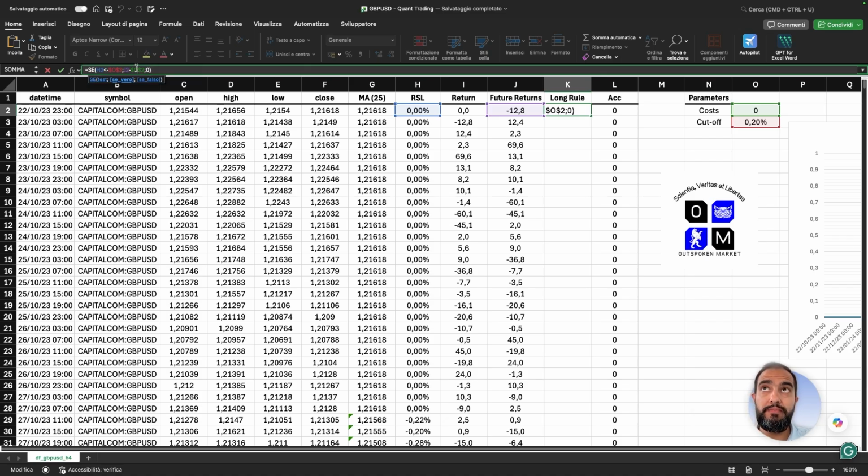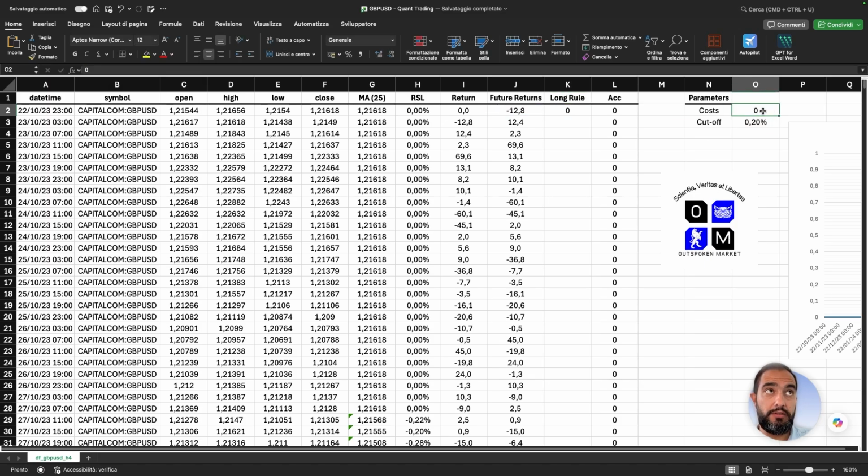If I don't trigger the rule, I will return 0. And you see here that I also have this O2 cell for the costs, that at the moment are 0, but I will get to that point, and you should always include the cost. I'm assuming that you will trade the 4-hour candle.